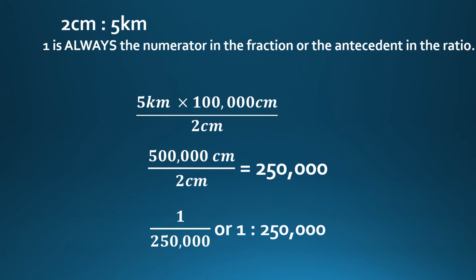That is why we always have 1 over a particular number or 1 to a particular number. In this case, when we divided the 500,000 centimeters by the 2 centimeters, we got 250,000. Hence, we simply say 1 over 250,000 or 1 to 250,000.